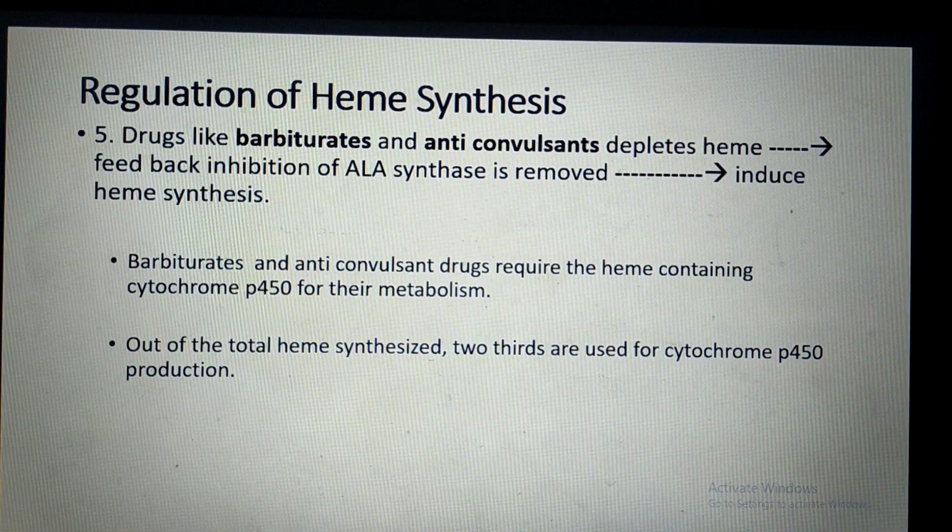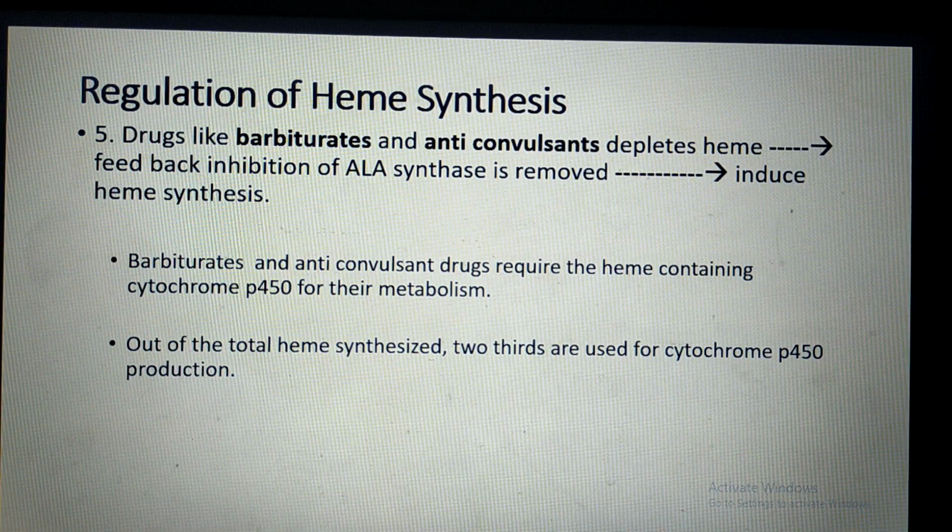And when there is depletion of heme, the feedback inhibition of ALA synthase by heme is removed, and there is induction of heme synthesis, or an increase in the heme synthesis. Out of total heme synthesized in our body, 2/3 of heme is utilized for synthesis of cytochrome P450.